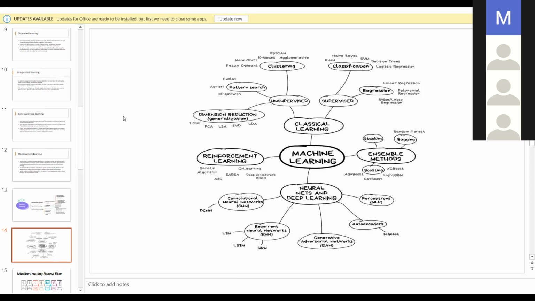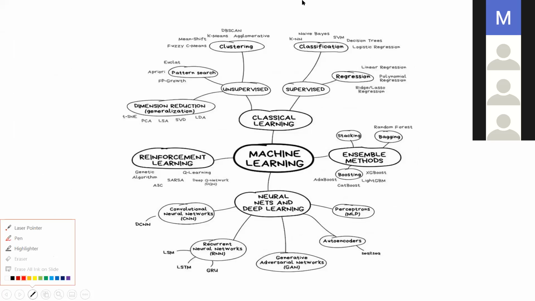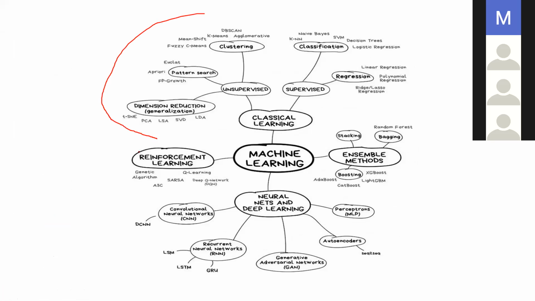According to this mind map, are neural networks a completely different class of machine learning? Yeah, actually, if I talk about machine learning, so yes, we do have machine learning. If I say this area is your machine learning, let me just show you.